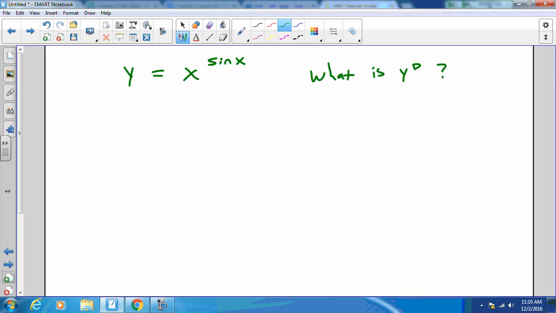Here's my verb for this: if I logify both sides, then I can demote my variable exponent to a multiplication. So let's do that. Ryan, you got it? You got ln y equals sine x times ln x. Okay.